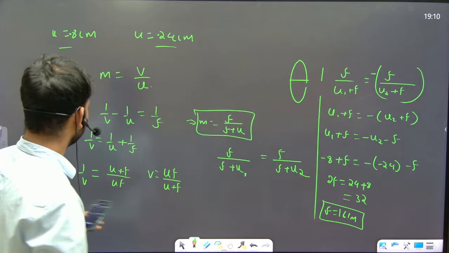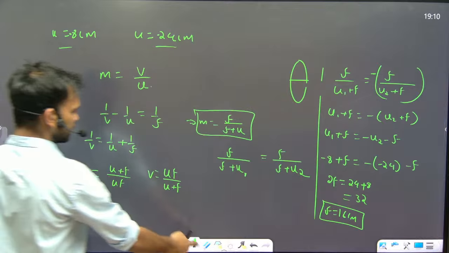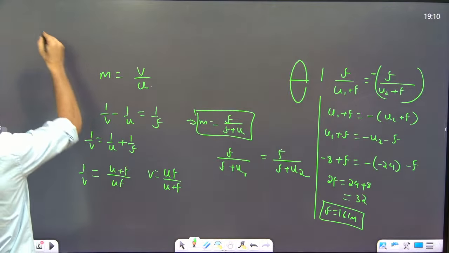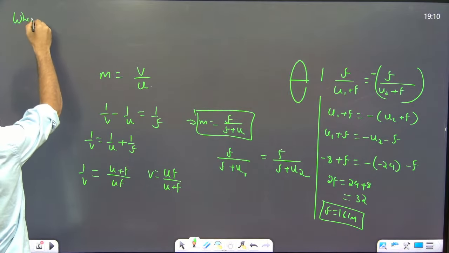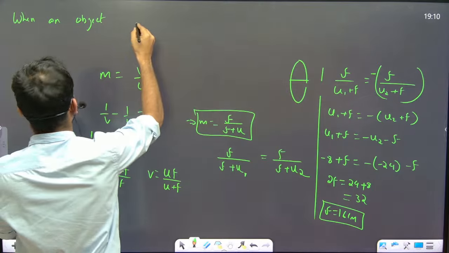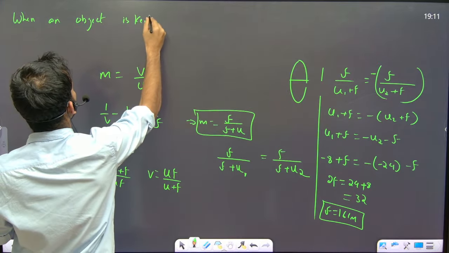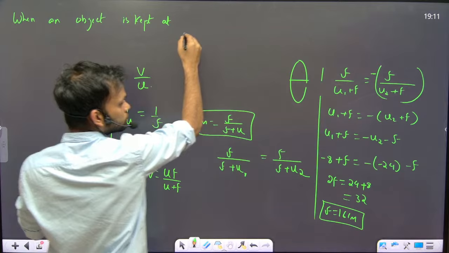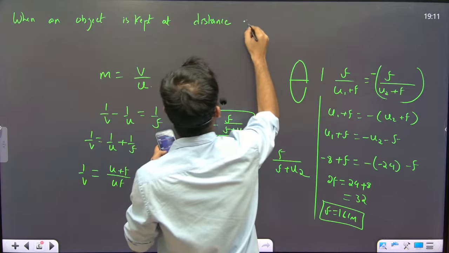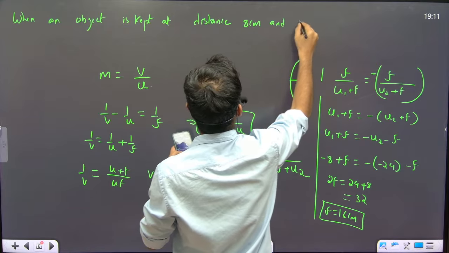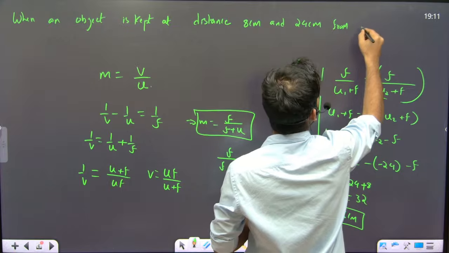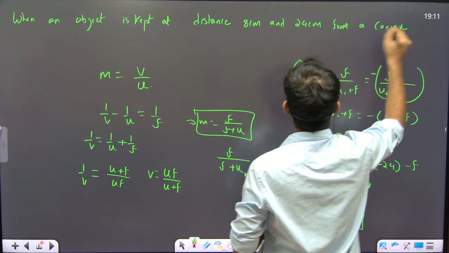So I got one more question here. Let me write the question. Distance 8 centimeters and 24 centimeters for my convex lens.